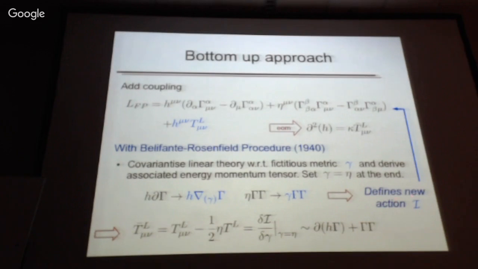Now, that defines a new action. So now I know that I can construct an energy momentum tensor, which is actually the energy momentum tensor that I need, just by taking the derivative with respect to this fictitious metric called gamma. And what I found is this expression here at the bottom. It's just a partial of h times gamma plus gamma squared.